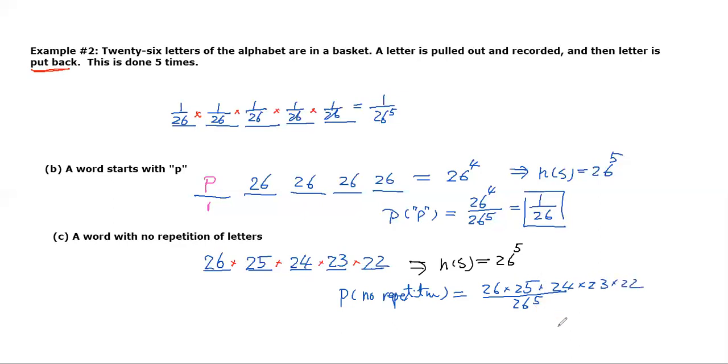So what do you get here? I put it into my calculator, and I think I got 0.6644. So this is the probability there are no repetitions, that means all the letters have to be different. That's pretty cool, right? It's not too bad.